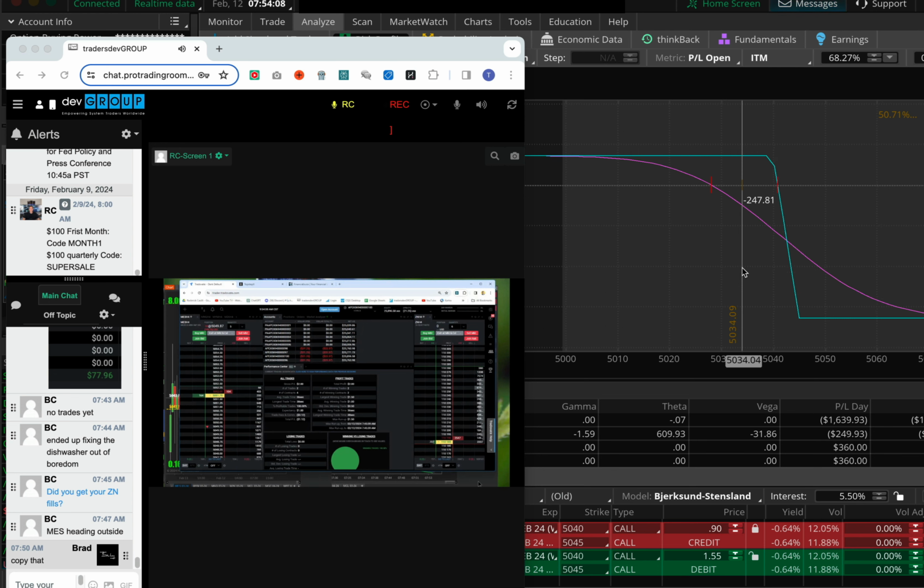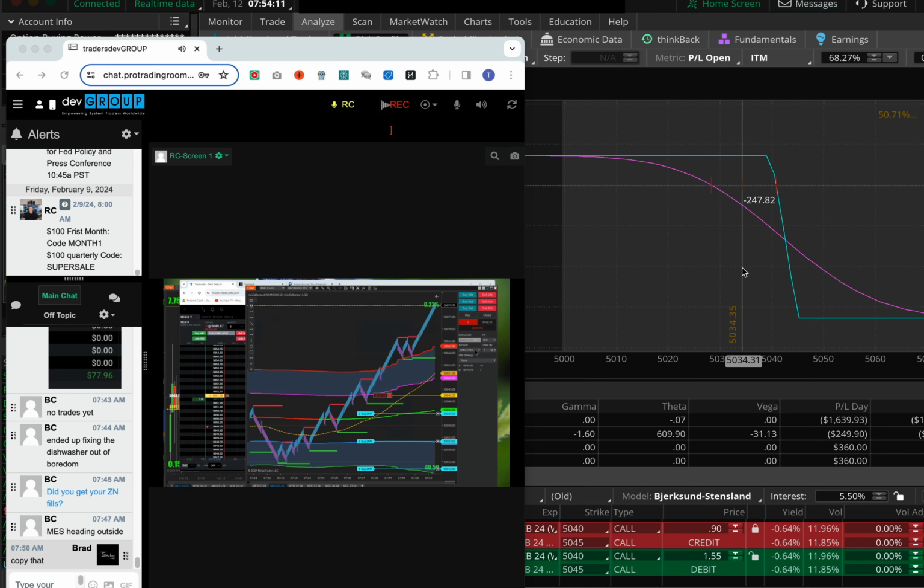All right, I gotta be short here. Look at this move. Now we're rocking. So we do little adds here and here. Get these all in sync.